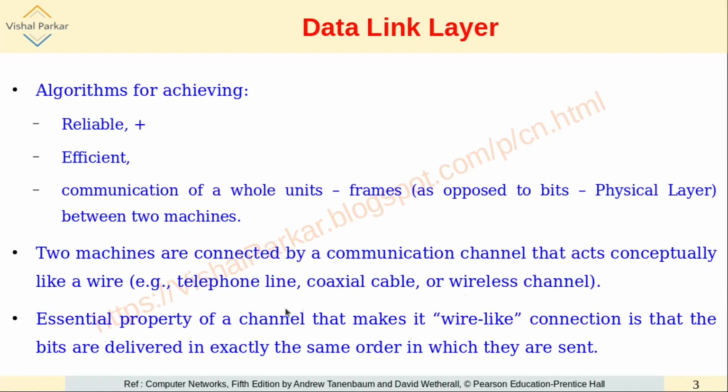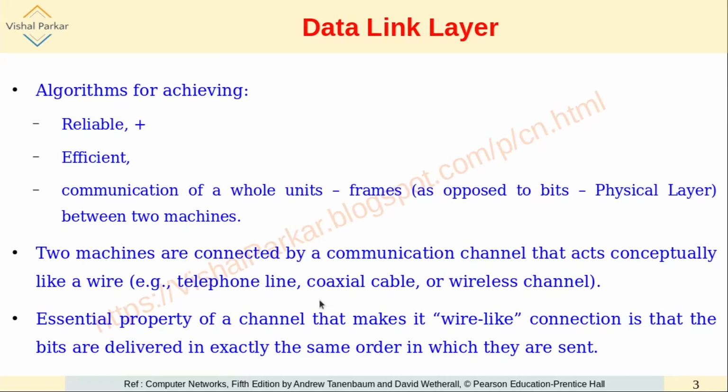So the physical medium may be any of that, even the OFC, optical fiber cable as well. Whatever may be the medium, it may be an actual communication line, or it may be a wireless channel. So despite those physical differences and their properties, the channel has to transfer the data reliably and efficiently. That is what is called a wire.